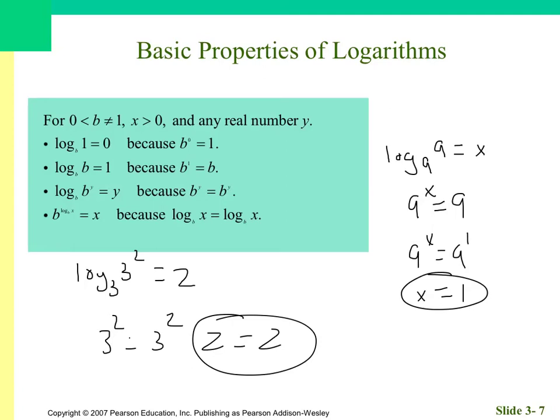So what they're doing here, let's look. They have b to the log base b of x equals x. Well, remember, base to an exponent is equal to the log of a number.